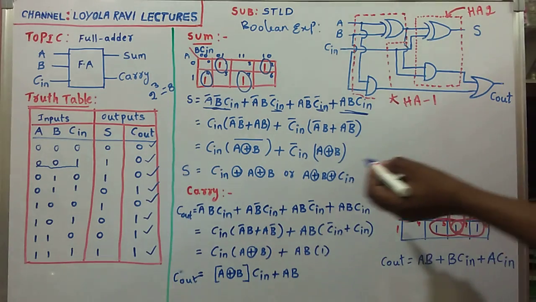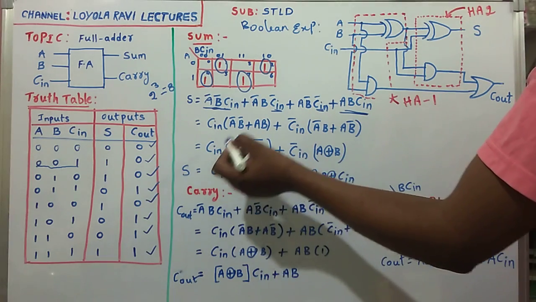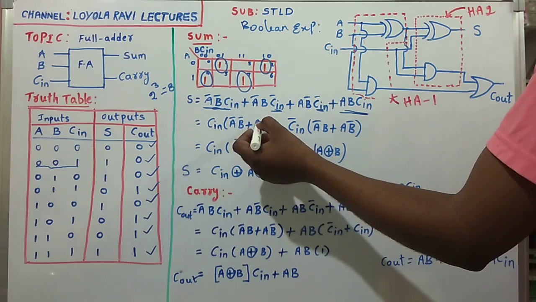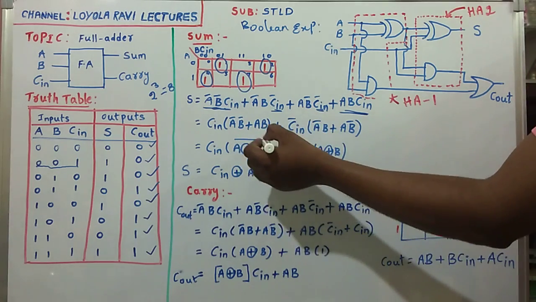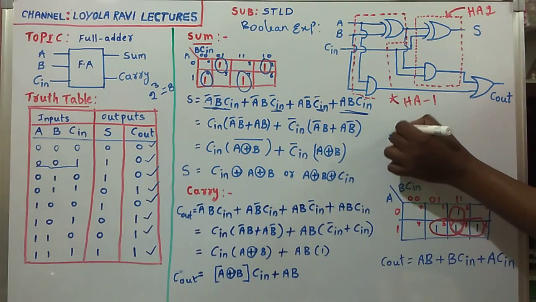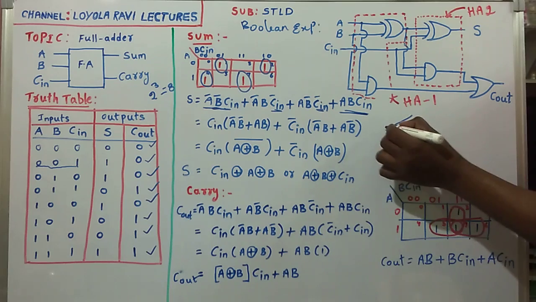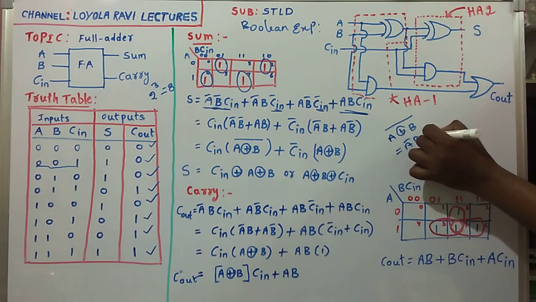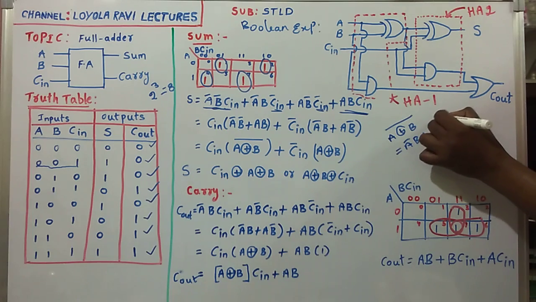Is there any possibility? Then C in into, if you see this expression, A bar B bar plus AB, that is equal to (A XOR B) whole bar. Let us see that (A XOR B) whole bar. We know that A XOR B is nothing but (A bar B plus A B bar).